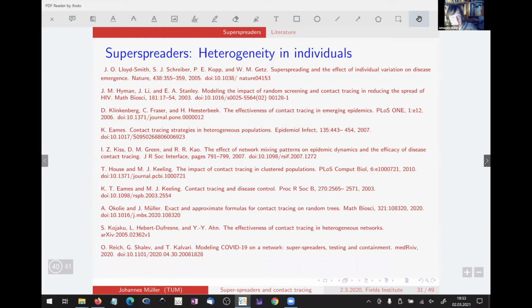There's quite a number of papers appeared. Particularly, of course, this seminal paper of Lloyd-Smith, who really brought into the literature the importance of super spreading, and that viruses such as SARS-CoV-2 or influenza have a high degree of dispersal, so super spreading plays a role.